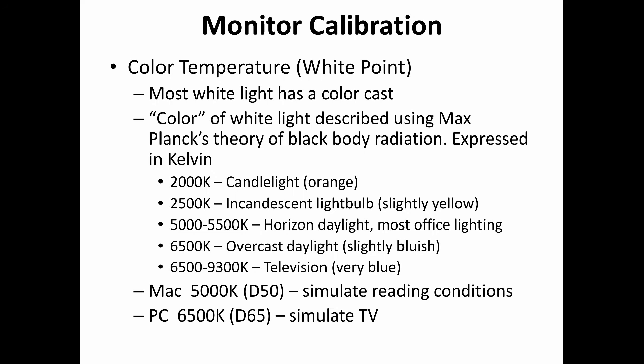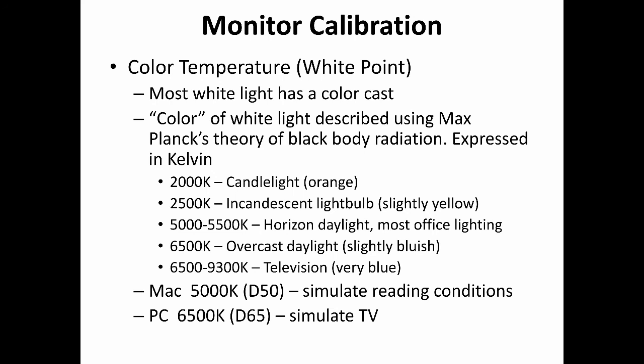The color of light, or the color cast of light, was originally described by Max Planck back in the 1800s. He produced what he called the theory of black body radiation. Now, what exactly does that mean?